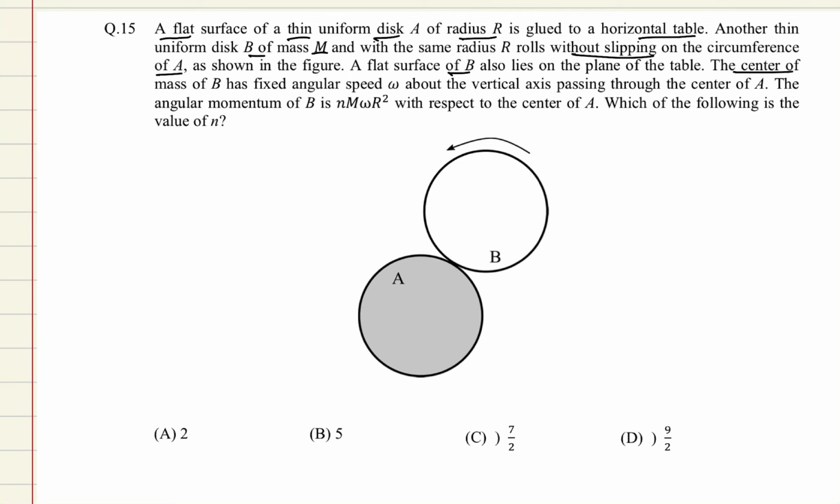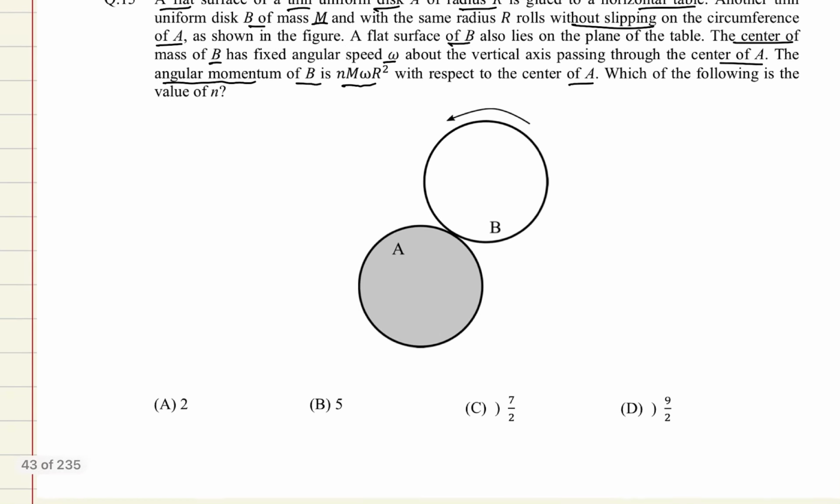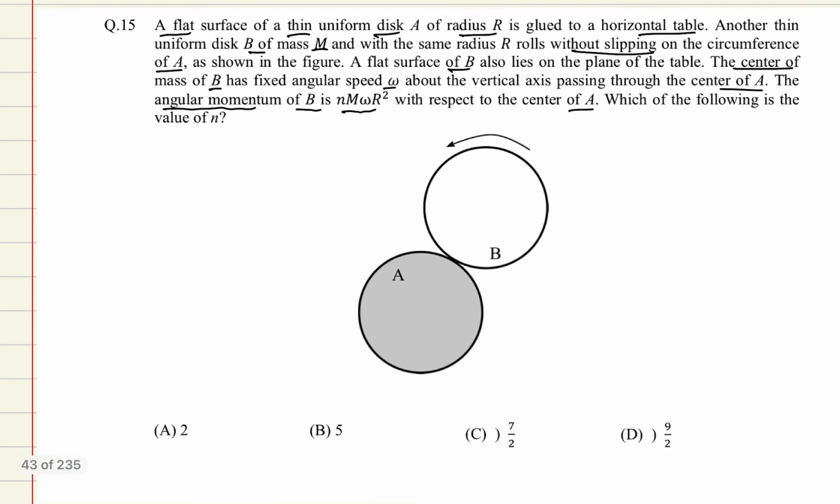A flat surface of B also lies on the plane of the table. The center of mass of B has a fixed angular speed omega about the vertical axis passing through the center of A. The angular momentum of B is n M omega R squared with respect to the center of A. Which of the following is the value of n?